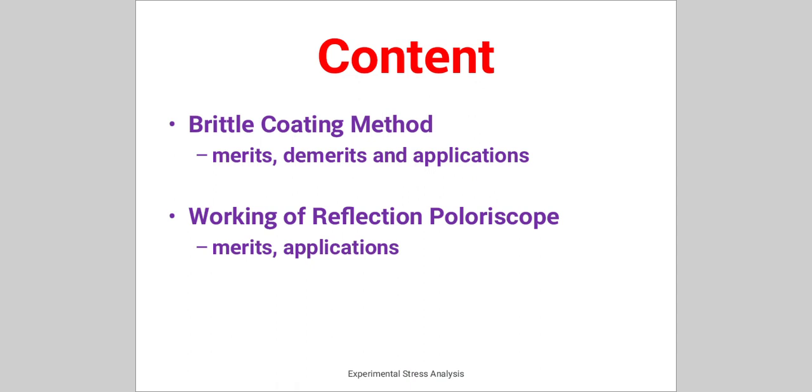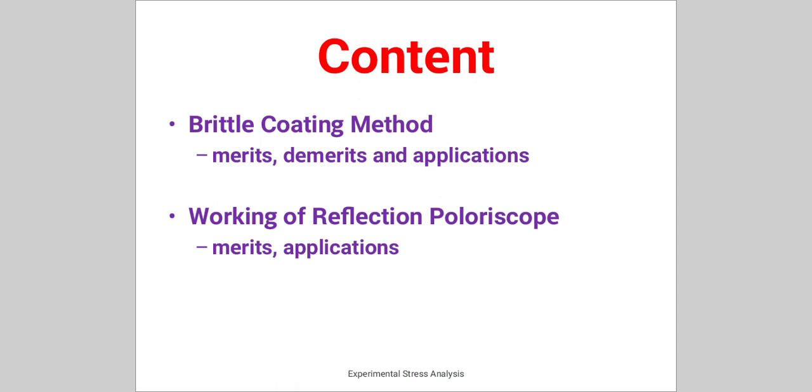In addition to that, we are going to discuss the working principle of the reflection polariscope. Already we have taken a little bit of introduction related to the polariscopic device in chapter number 1, in the concept of photoelasticity. Whatever points we discussed related to the polariscope, that polariscope is called the plane polariscope.